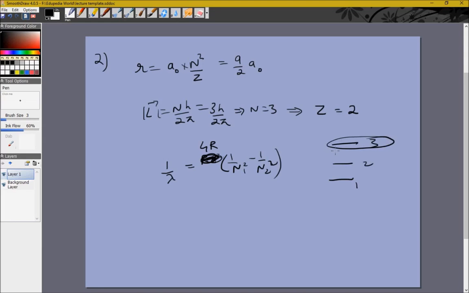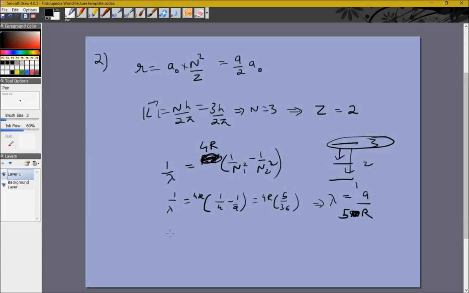De-excites means falling to a lower energy level. It either falls to 2 or it falls to 1. If it falls to 2, we'll have 1 by lambda is equal to 4r times 1 by 4 minus 1 by 9, which is 4r times 5 by 36, which means lambda is 9 by 5r.